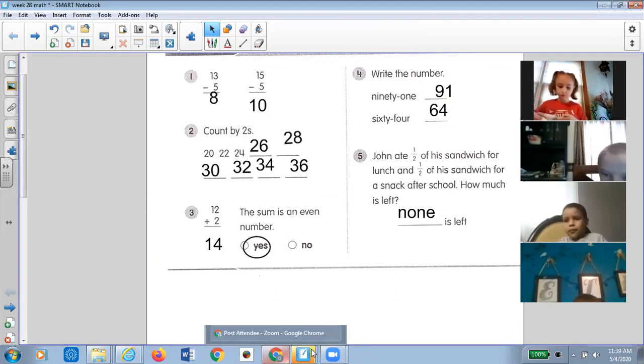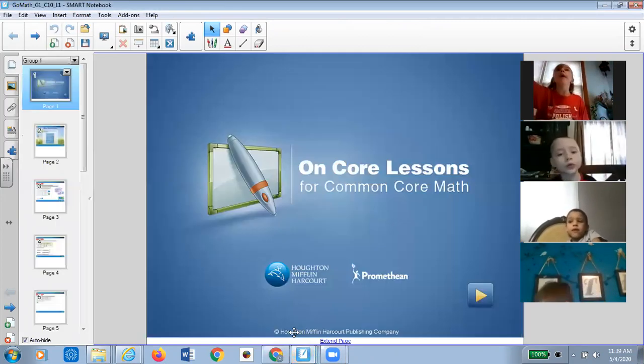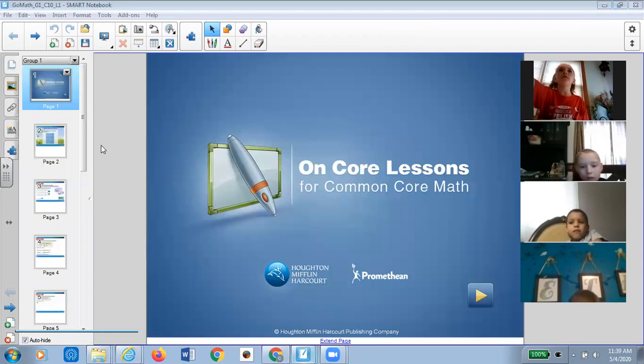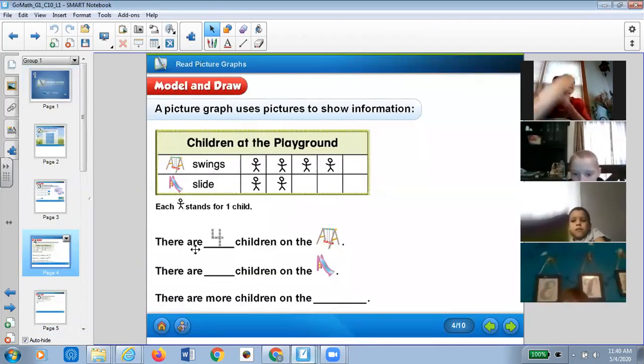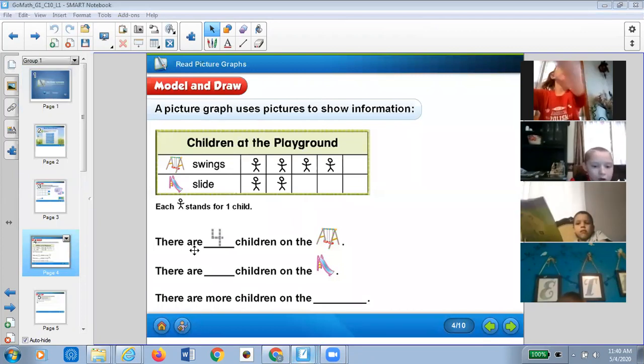All right, so today we're going to start our new chapter about graphs. And we're going to start by talking about a type of graph called a pictograph. A pictograph is just a graph that has pictures on it that shows you the data.